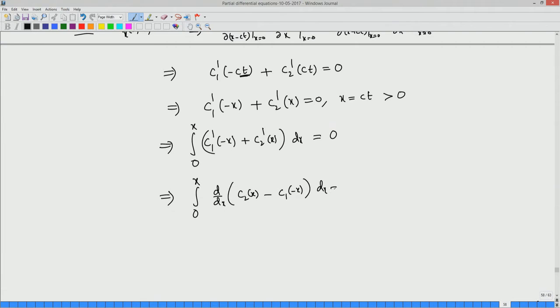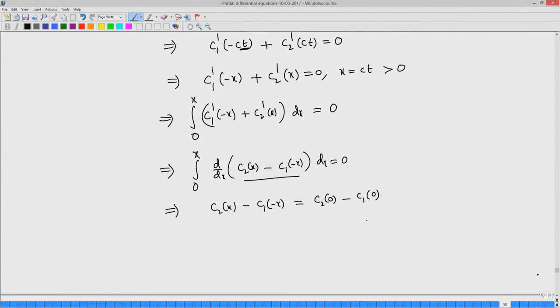This is dx equal to 0. Now at x, that is C2(x) minus C1(-x) equal to minus of the value at 0. So that is C2(0) minus C1(-x) minus 0, that is 0. This is what I have.